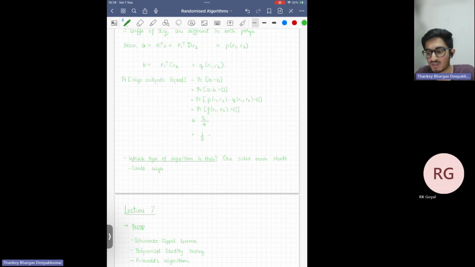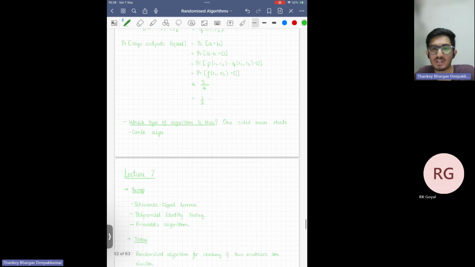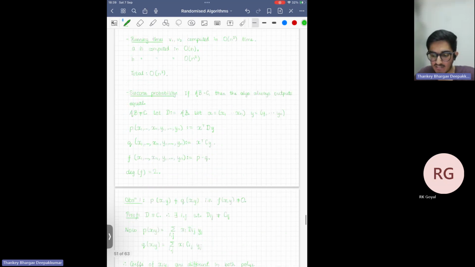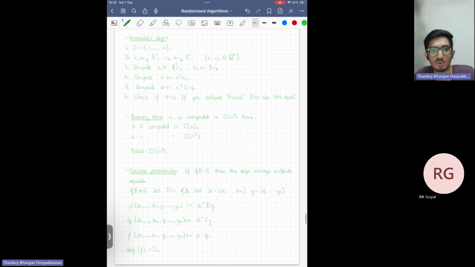For the next lecture, all you need to remember is the Schwartz-Zippel lemma. That's it. Basically, what would happen in the next lecture is we would have some problem. Let's look at Freivalds' algorithm: we had some problem, and we somehow figured out a way to model it as a polynomial.